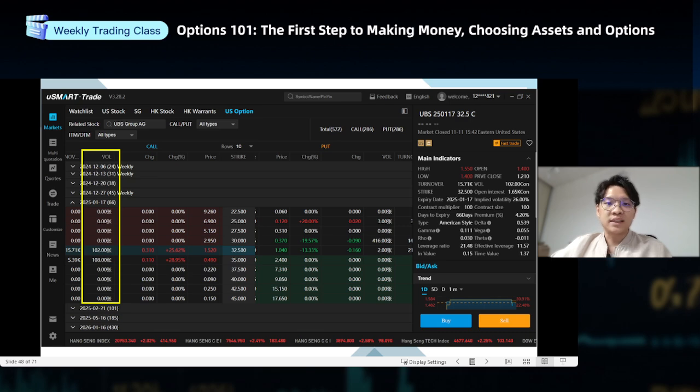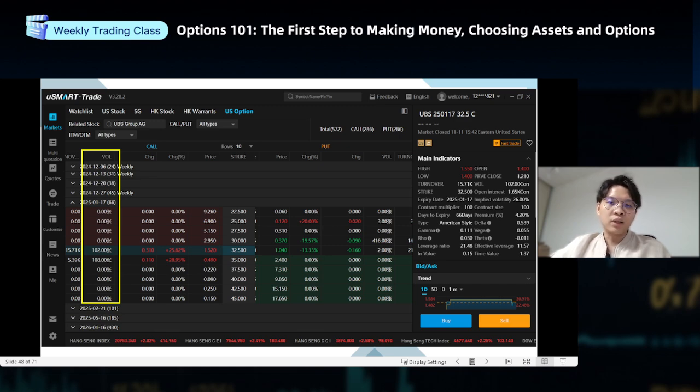Even though UBS itself is a very good share to trade, with a high volume and clear directions, the option doesn't give us a very good opportunity to get in. The one that has 45 days until expiration has no trading volume at all, so we cannot get in and get out.